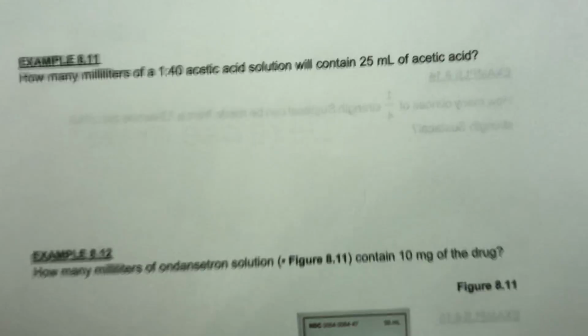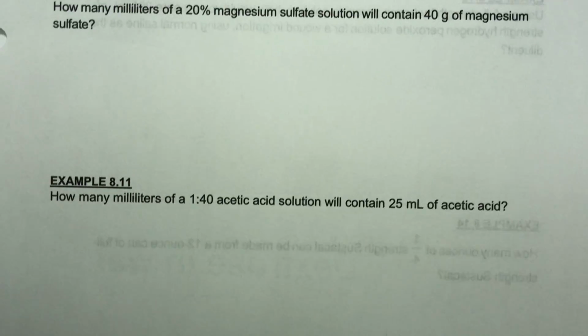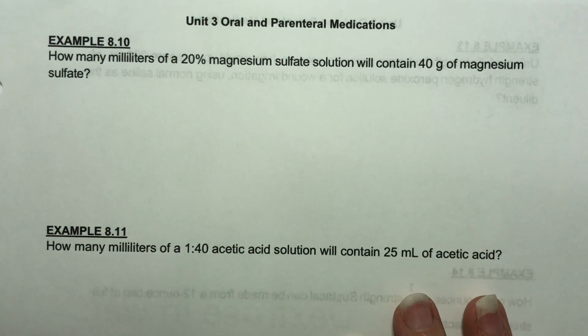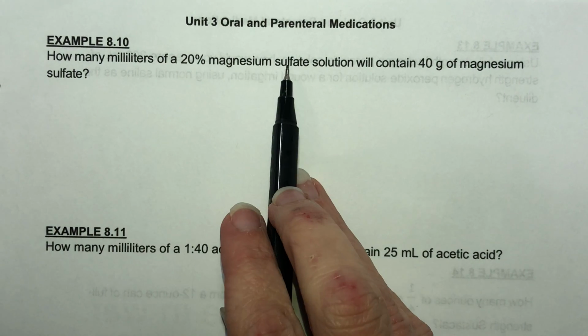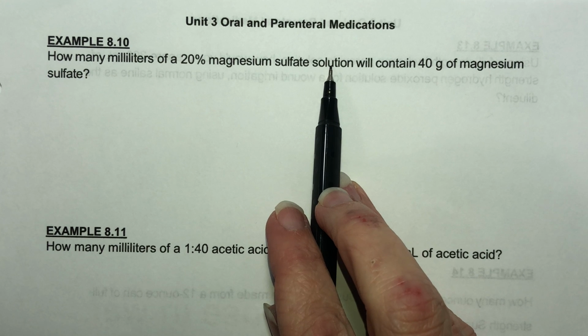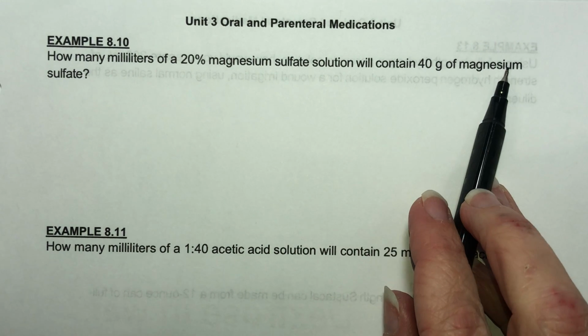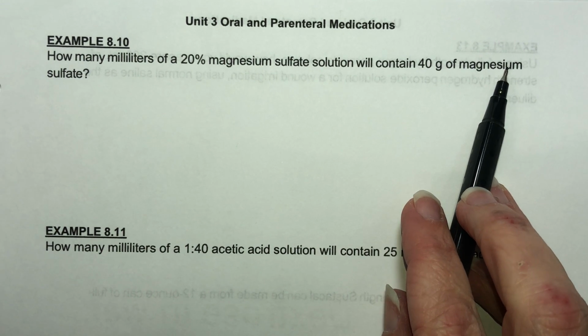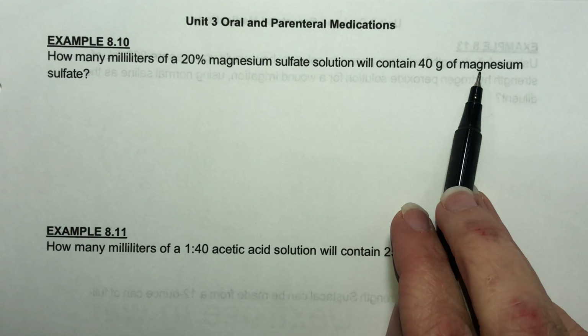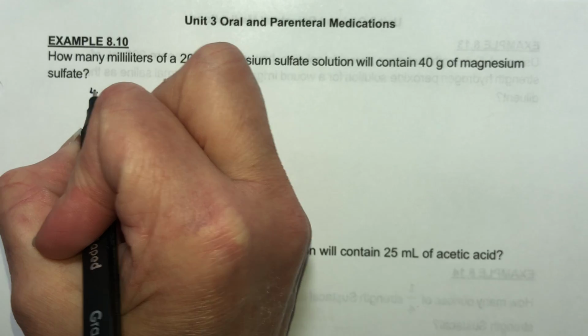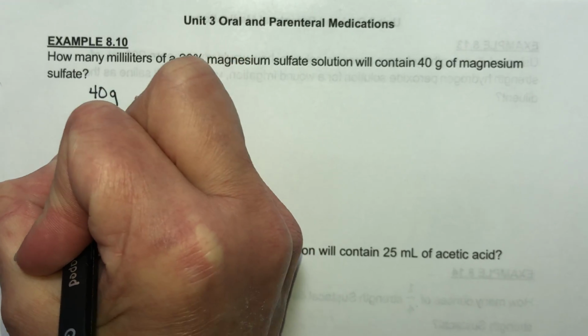Okay, so problem 10. How many milliliters of a 20% magnesium sulfate solution will contain 40 grams of magnesium? So I want to have 40 grams of magnesium. That's what I want, 40 grams. I'm going to put that over 1.